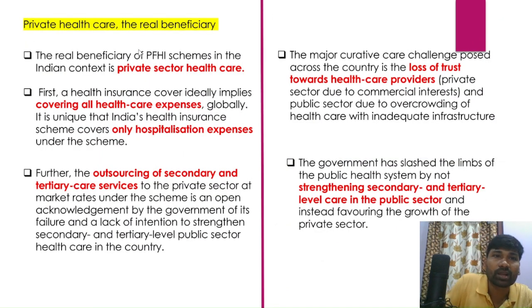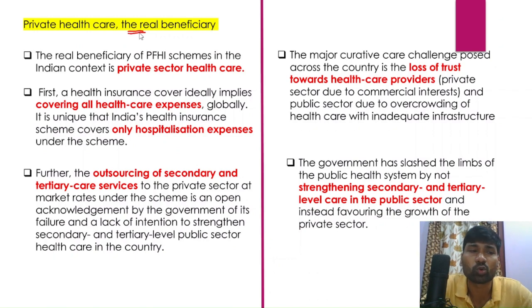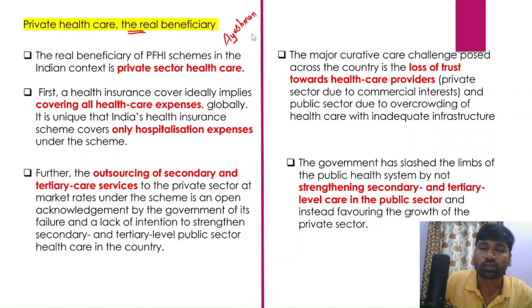And in fact, private healthcare would be considered the real beneficiary of any programs introduced by the government. One such program introduced to provide health insurance was the Ayushman Bharat program, right? This program would provide a health insurance cover of 5 lakh rupees for every household.